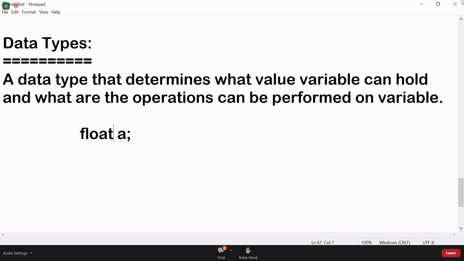If I write float, a should contain a floating point literal. If I write char, a should contain a character literal. So whatever we write here decides what that variable should contain. That is the data type. So the data type only decides what that variable should contain.